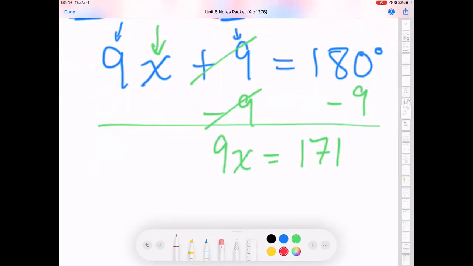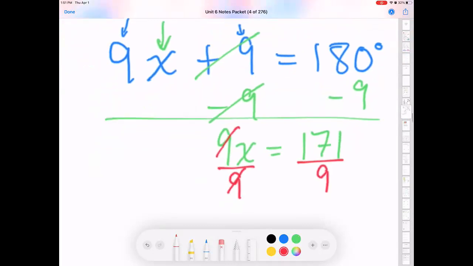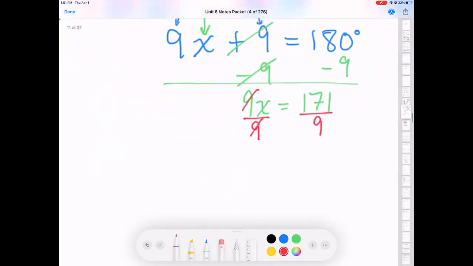Now to solve for x, we're going to go ahead and divide both sides by that coefficient of 9. In which case, when they cancel, x is all alone equals 19. So boom, we've just found out what x is.